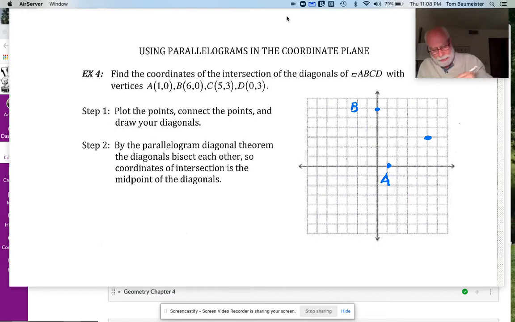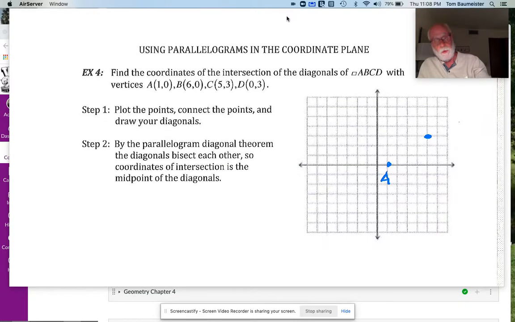Oh, B is at 6 and 0. My bad. It's a good thing I can see my mistake because I knew it just wasn't looking like a parallelogram. So B is at 6 and 0, so I'm going in the x direction. 1, 2, 3, 4, 5, 6. And I won't edit that. I want you to know that I do make mistakes too.